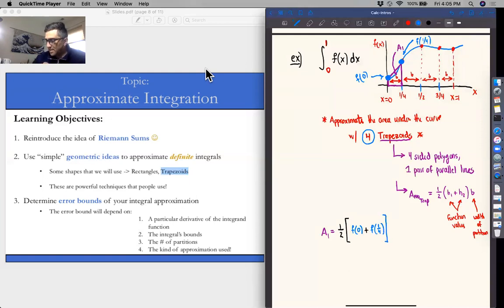And the last thing we need is, what is the width of the interval? Because we subdivided 0 to 1 into 4 equally spaced partitions, the width of the interval is just going to be 1/4.